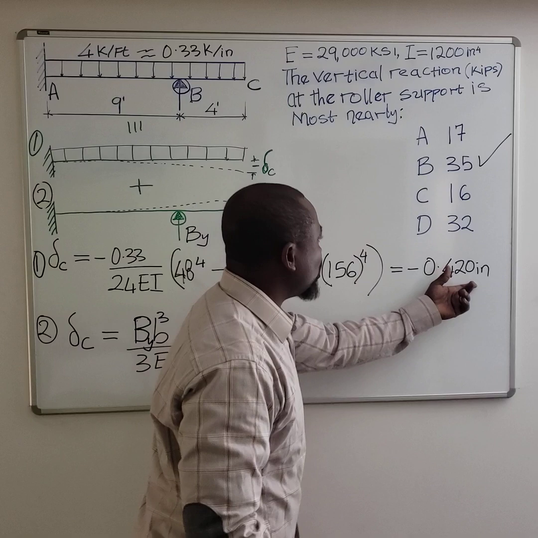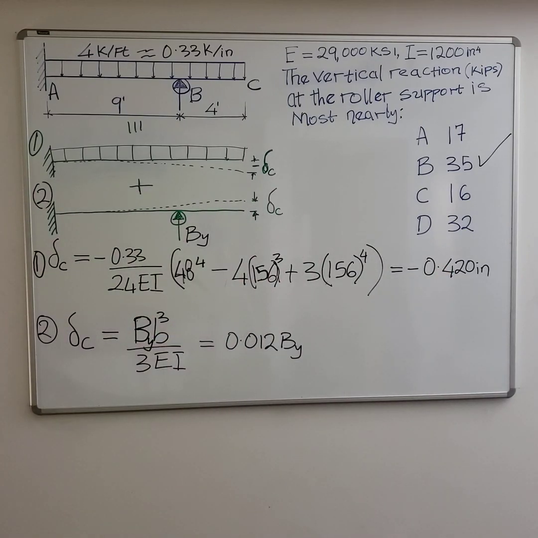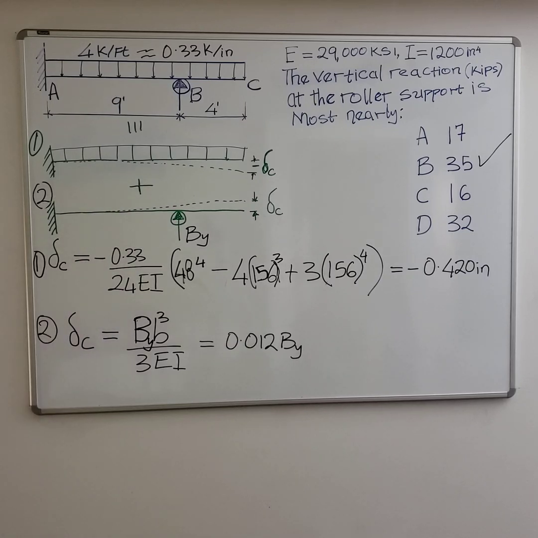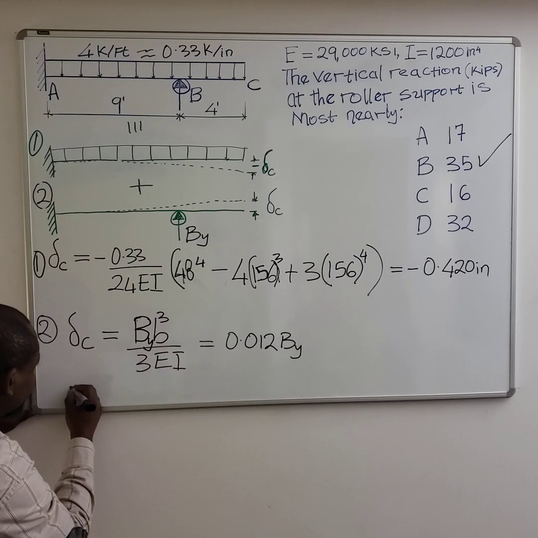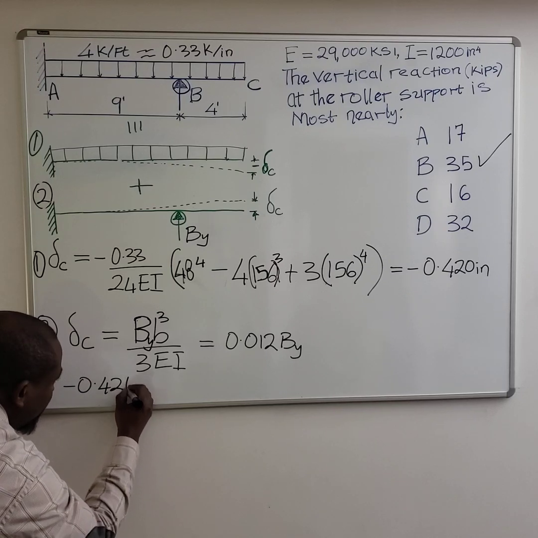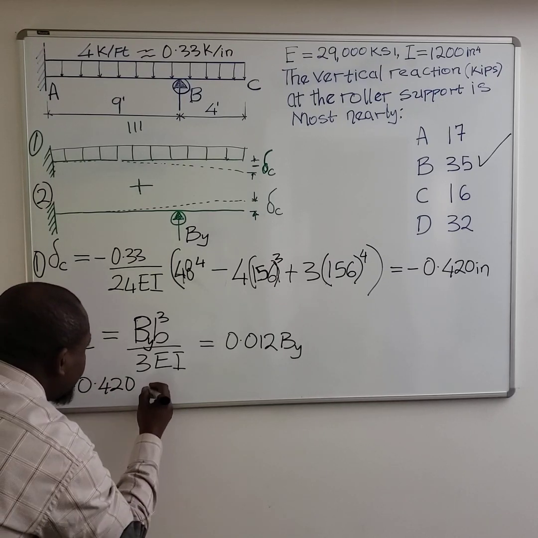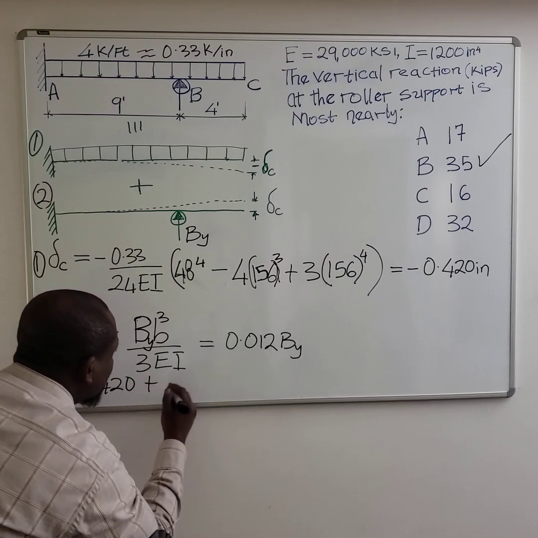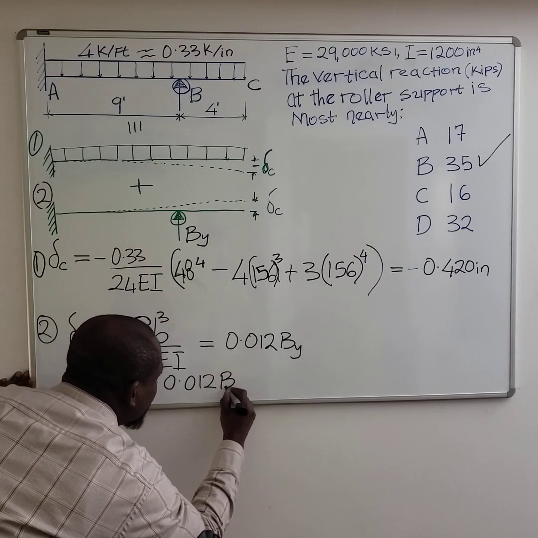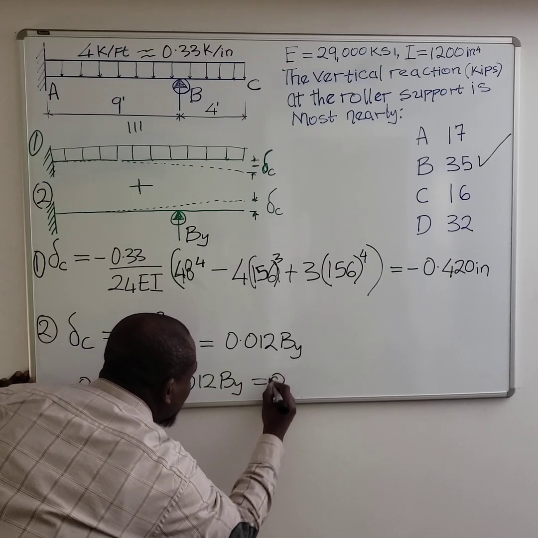Okay, so now you have the two. The point now is you want to equate the two answers from the two beams. So if you equate that to 0, it's going to be negative 0.42 plus 0.0128 BY is equal to 0.